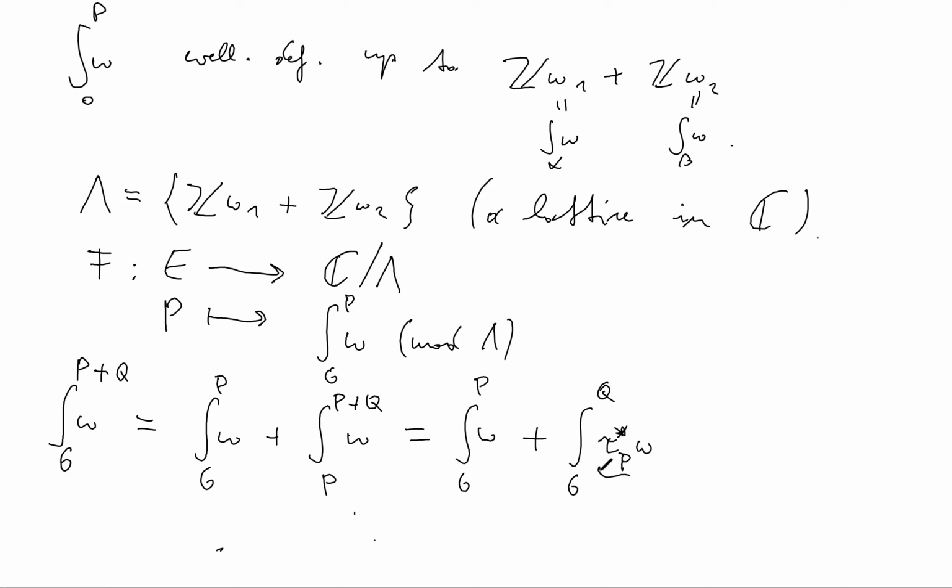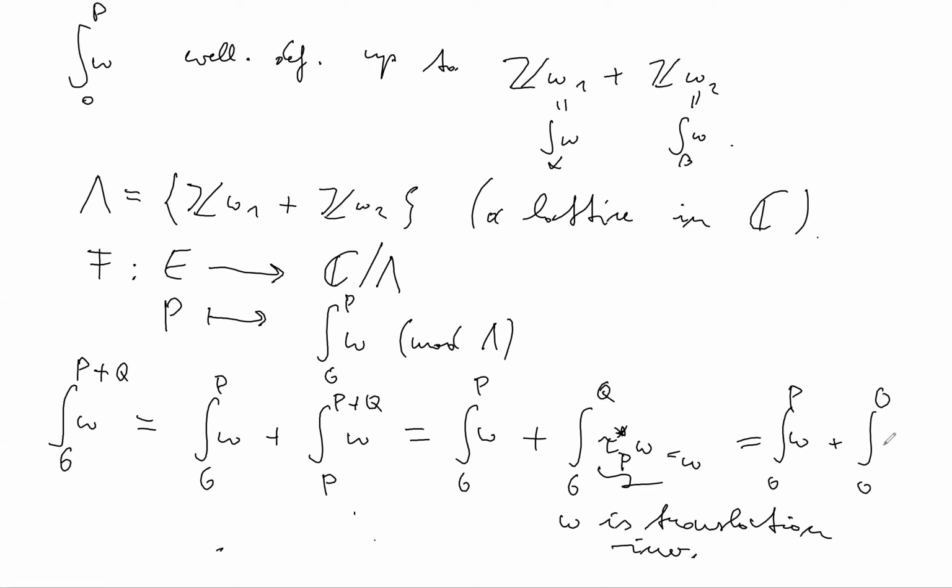And then what you can show, again, I'm not going to show this, but you just have to believe me, is that omega is translation invariant. So omega is translation invariant, therefore this whole thing is just omega. And what you get in the end is the integral from O to P of omega plus the integral from O to Q of omega. And this is actually the group law in disguise.